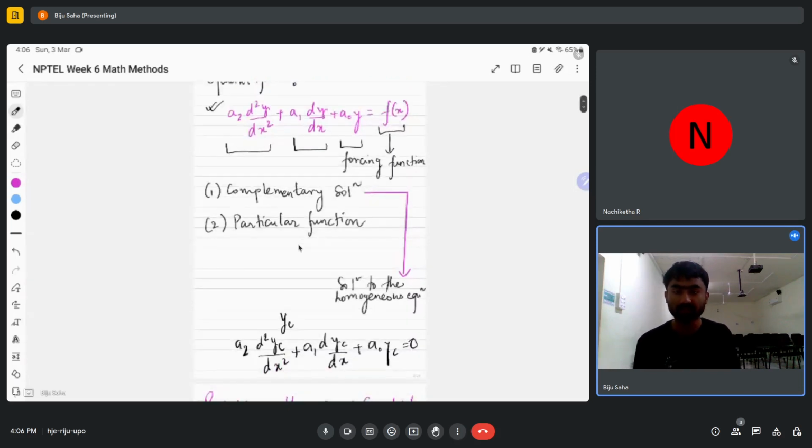And another term is the particular solution, which is something we will be focusing on how to arrive at in this particular session.